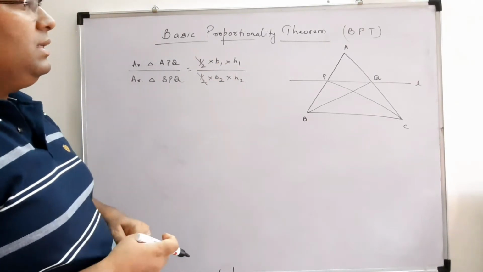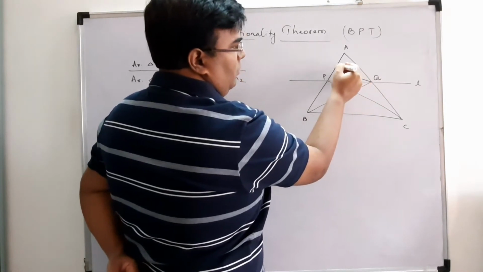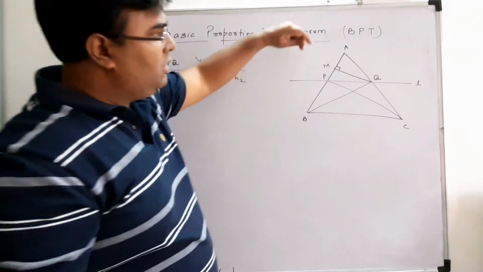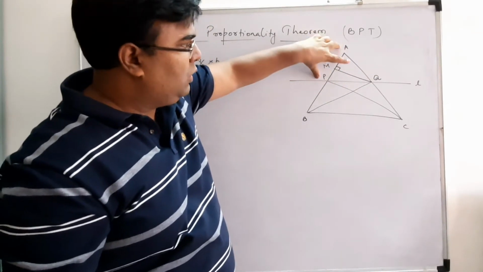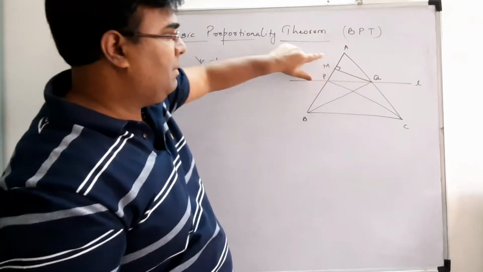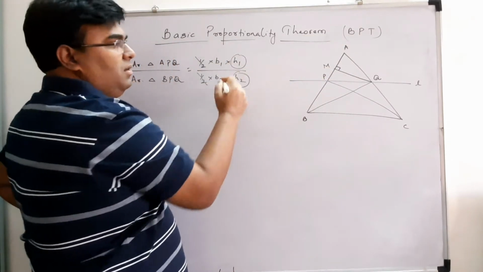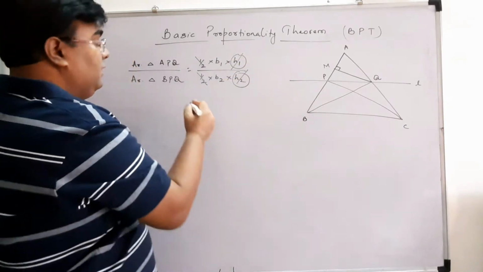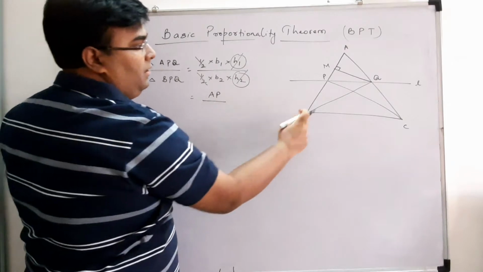Now see, if I draw a line perpendicular from Q, this QM is the height of APQ if I take base as AP, and this QM is the height of BPQ also if I take PB as a base, because this is the same perpendicular, right? So we can say that the heights of these two triangles are the same, so we can just cancel them. Okay, and we will get base B1 is AP, and base 2 is PB.